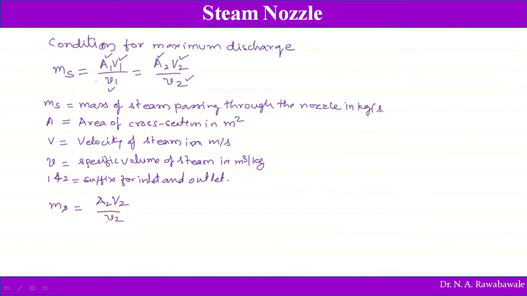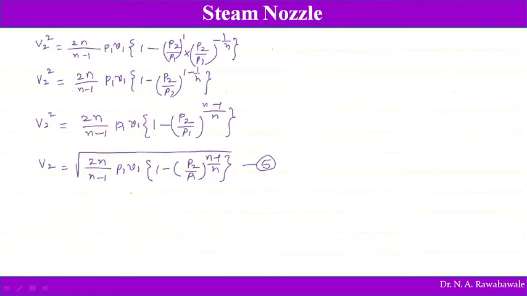So now here this A2 divided by V2 small volume as specific volume. So for velocity we have derived one equation just now, equation number 5. So equation number 5 we will substitute in place of V2.